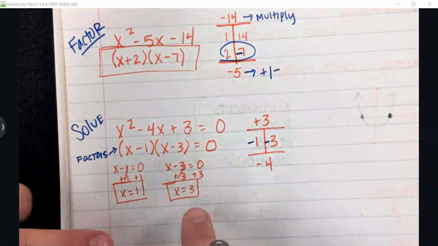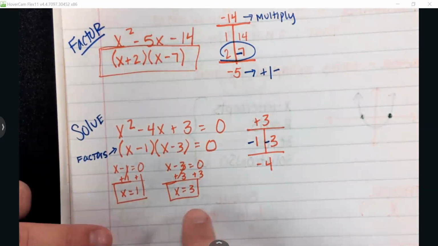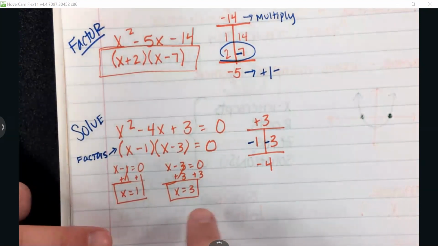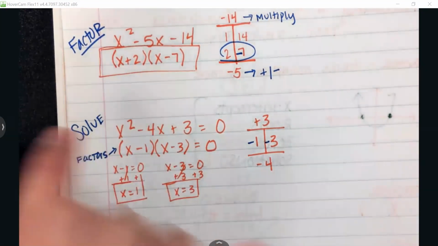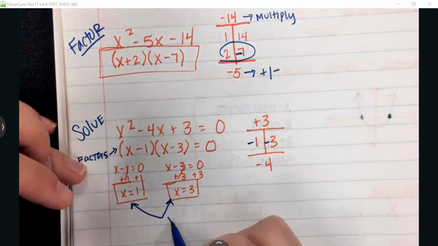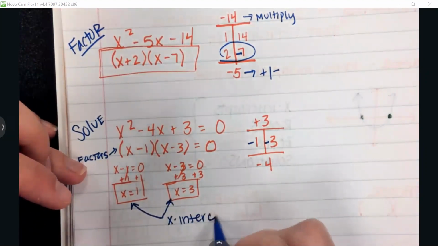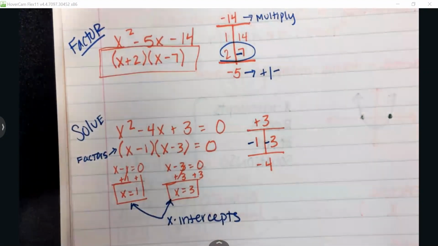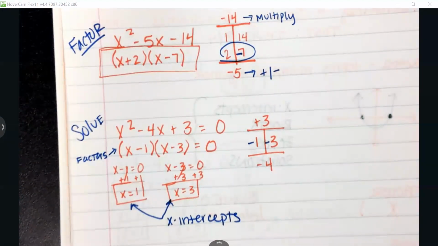These, when I solve, are my x-intercepts, my roots, my zeros, my solutions. So these right here are my x-intercepts, which means if I were to draw a graph, where would my parabola cross? At what numbers? At a positive 1 and a positive 3.